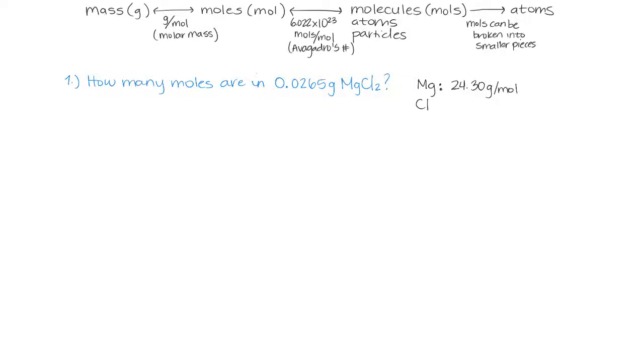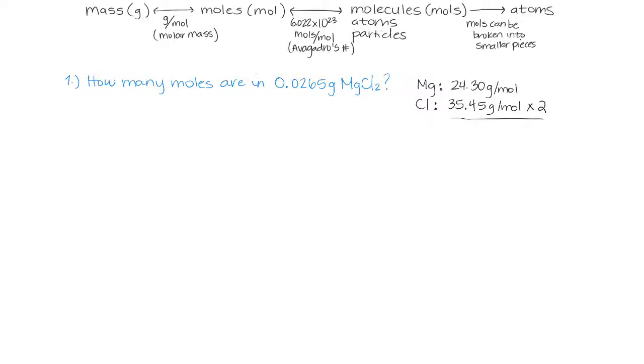And the mass of a chlorine atom is 35.45 grams per mole. And our formula, magnesium chloride, has 2 chlorine atoms.